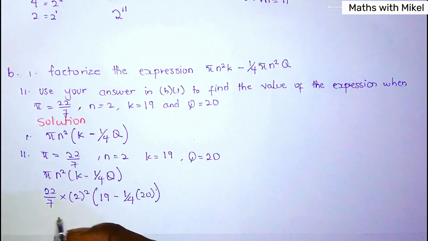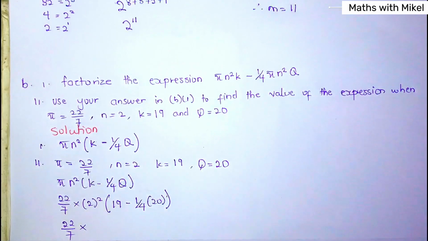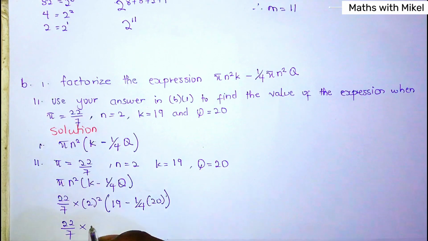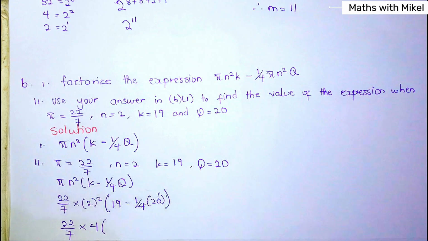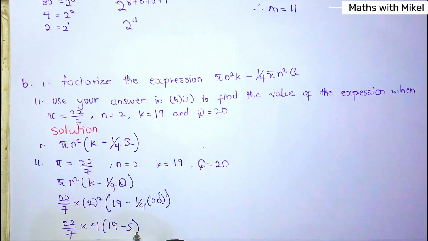Okay, so we get 22 over 7, 2 exponent 2 gives us 4, into brackets. This will cancel here, 5. So we get 19 minus 5.